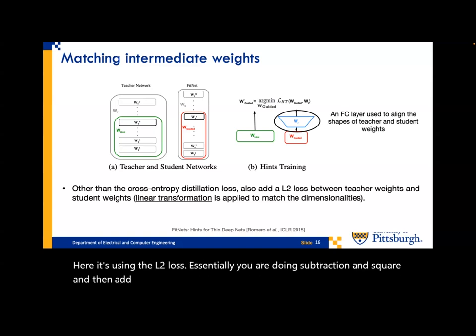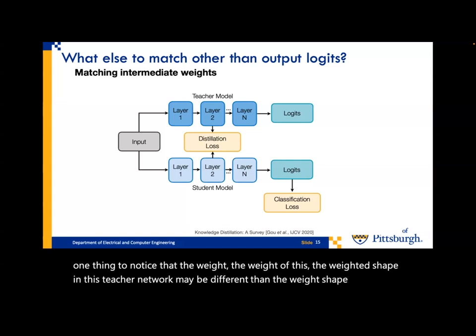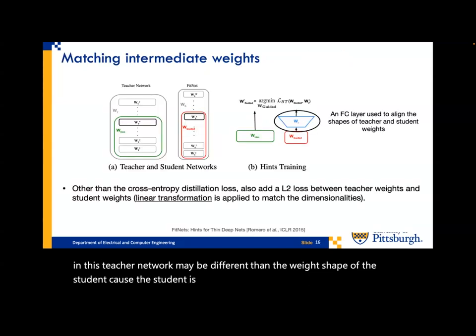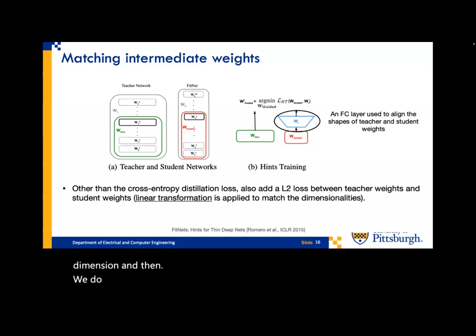But one thing to notice is that the weight shape in the teacher network may be different from the weight shape of the student, because the student is smaller. So you have to add a fully connected layer to project from lower dimension to higher dimension, and then you do the L2 loss to minimize them.